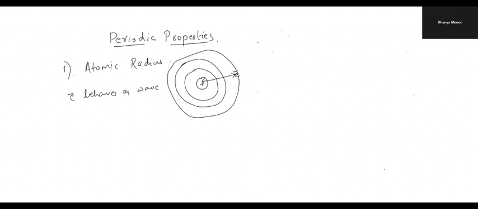It will be something like this, so you don't have clear-cut boundaries. So radius is not measured this way. It is measured in a different way.